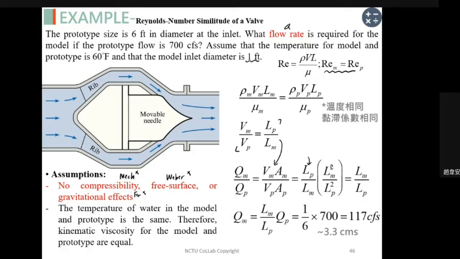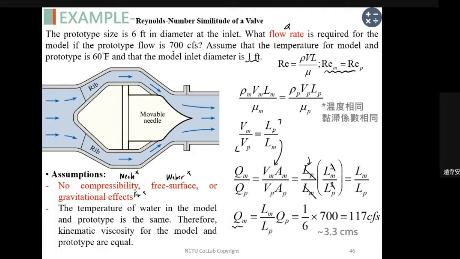So in that way, we can cancel out one length. Okay, so we just cancel out, and then finally we know that Qm divided by Qp is equal to Lm divided by Lp. So the discharge in the model is equal to Lm over Lp multiplied by Qp.